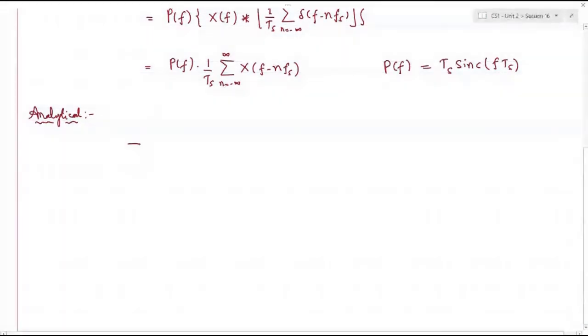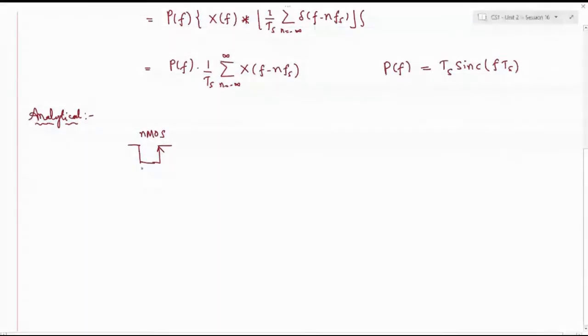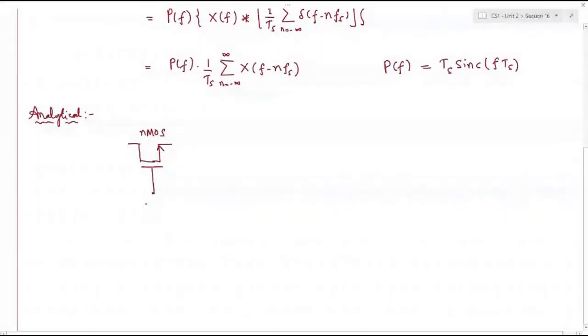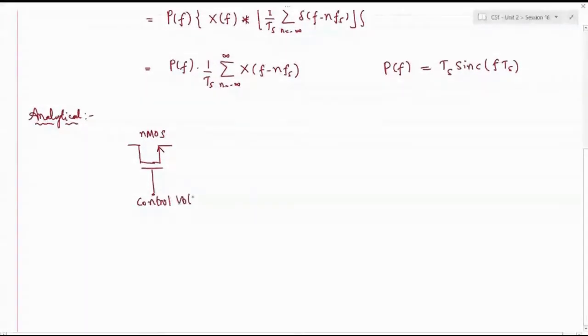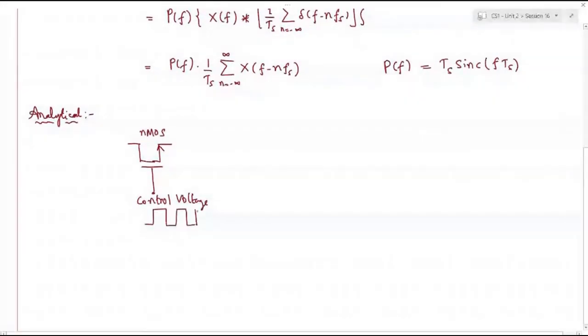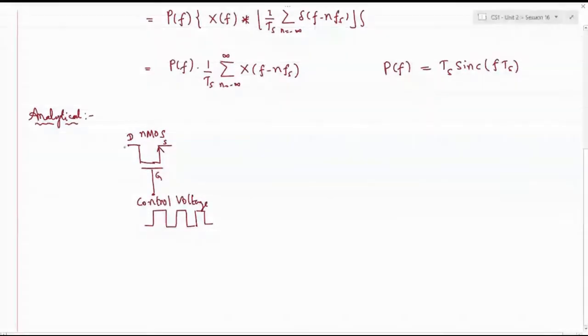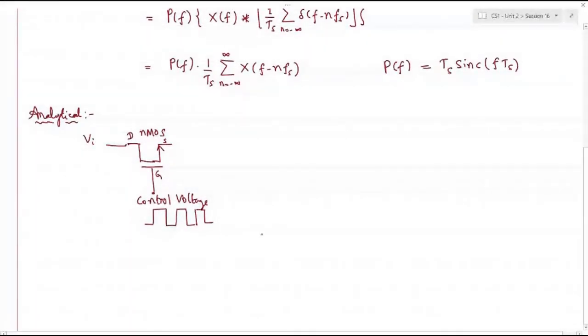So I take a transistor, an NMOS, with its gate applied to a control voltage, which are all these pulses. This is your drain, this is your source, this is your gate. To its drain, I'll apply the input voltage. This is my X of t.